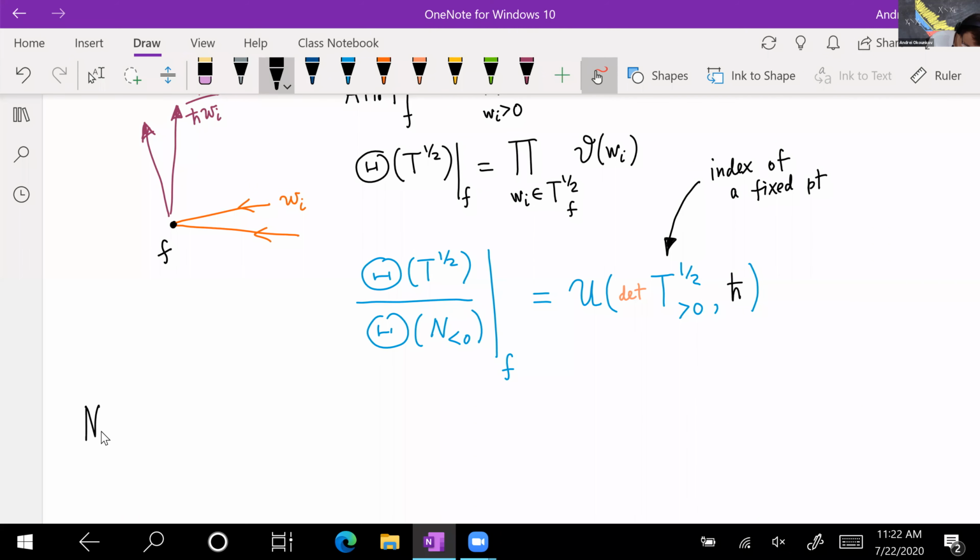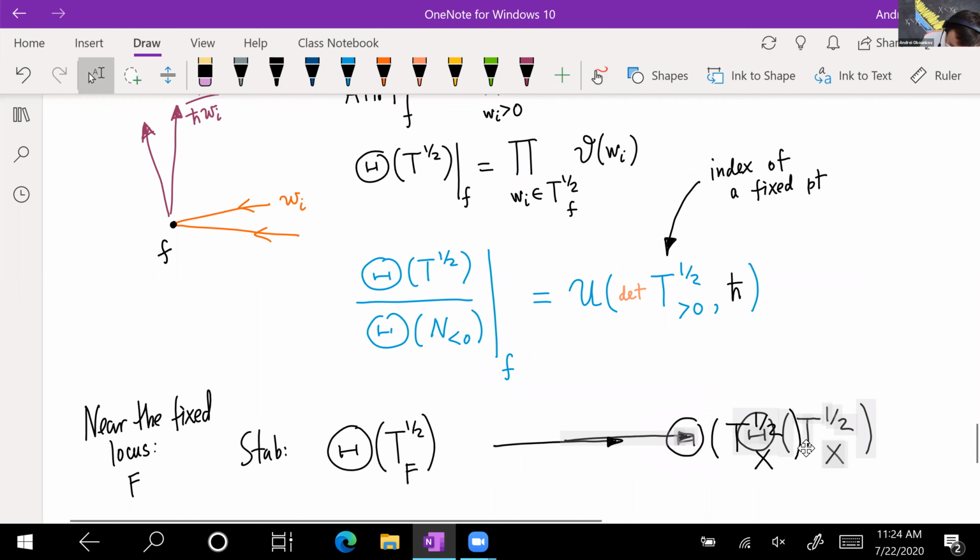But then you have to twist it by U of, well, put minus, or I can write it so that we put the inverse.